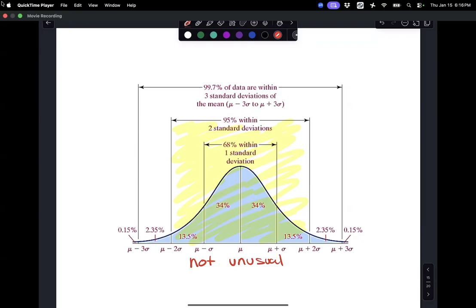Now, anything else, that 0.3%, is going to be beyond 3 standard deviations. It could be quite far, and anything beyond 3 standard deviations is that 0.3%.